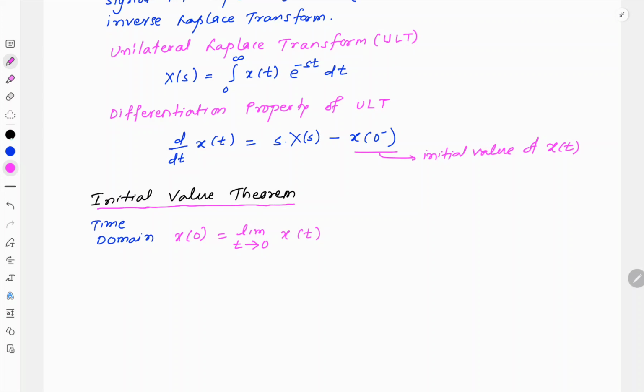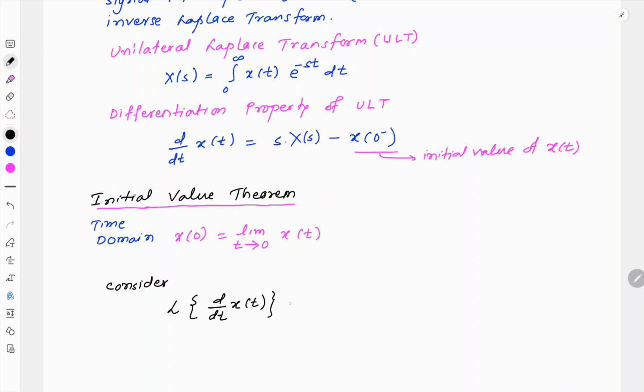So we need to make use of the unilateral Laplace transform as we have causal signals. So consider an equation. We need to find out the Laplace of d by dt of x of t signal.